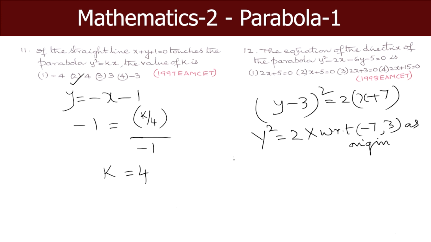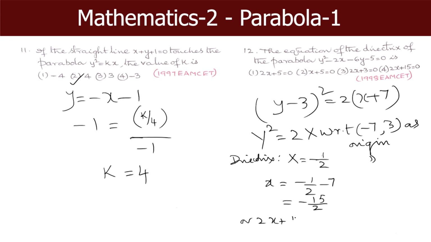So what is the directrix? Capital X equal to minus a. What is a? 4a is 2, a equal to 2 by 4, 1 by 2 with respect to this. Or small x equal to minus half minus 7. Add the x coordinate with respect to the origin: minus 15 by 2. Or 2x plus 15 equal to 0 with respect to the given system of coordinates. So 2x plus 15 equal to 0 is the directrix of the parabola.